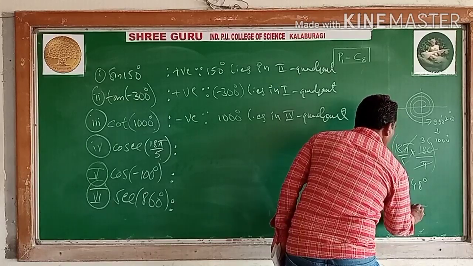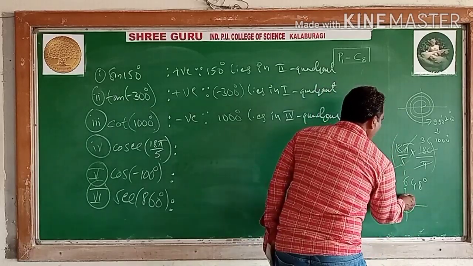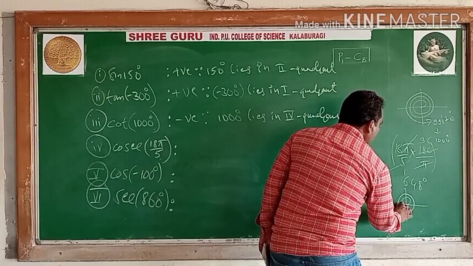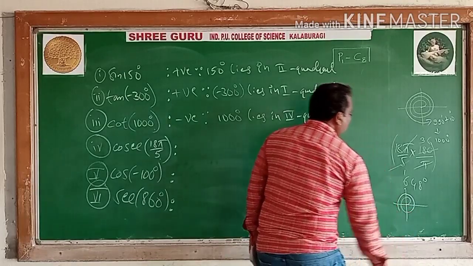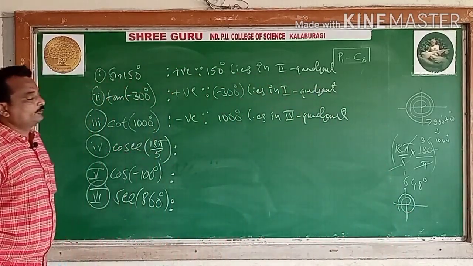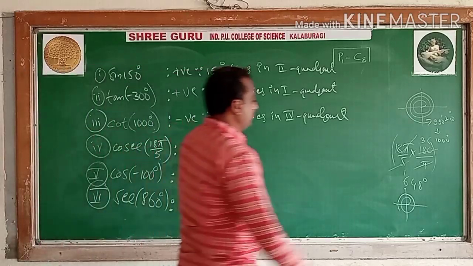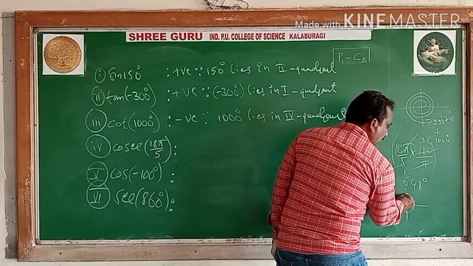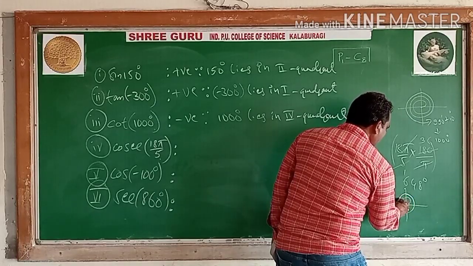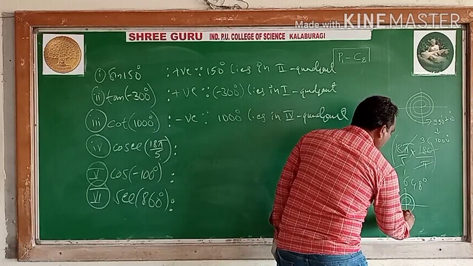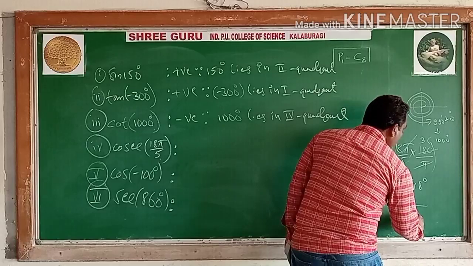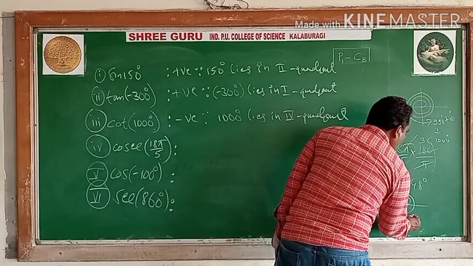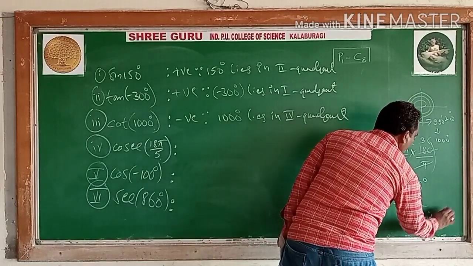Let us check: 360 plus 90 is 450, 450 plus 90 is 540, 540 plus 90 is 630, plus 18 degree.